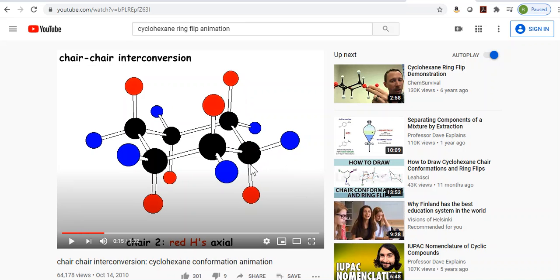If it was axial down, like over here, then it is now equatorial down. So the hydrogens can't jump to the other side of the ring. If it's down, it's going to stay down. But in a ring flip, everything that was axial becomes equatorial, and everything that was equatorial becomes axial.